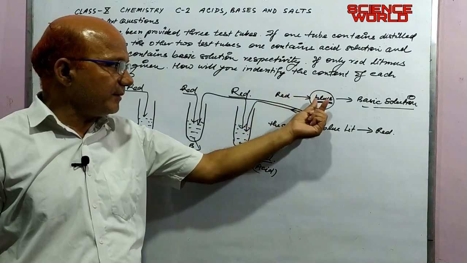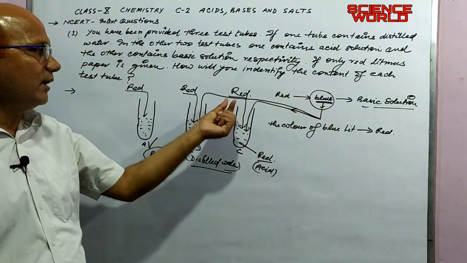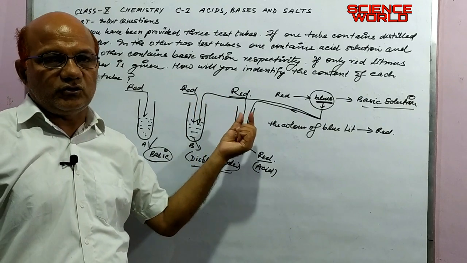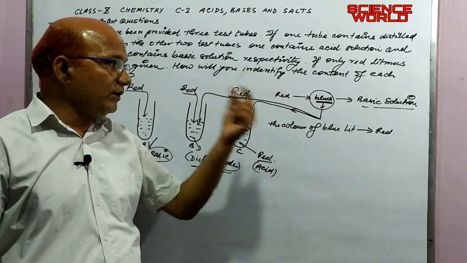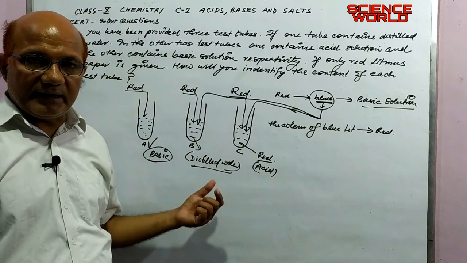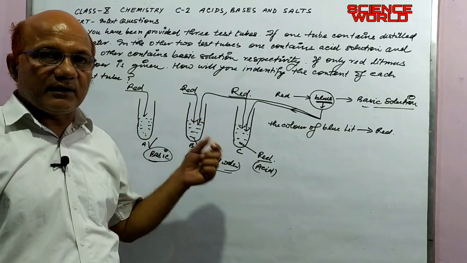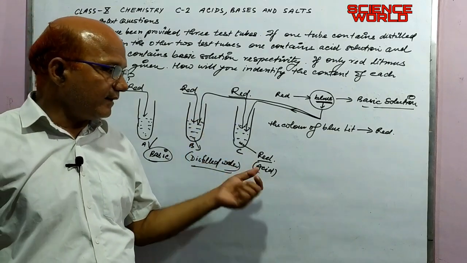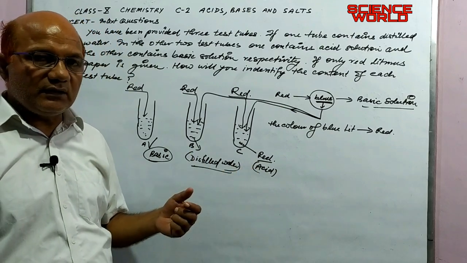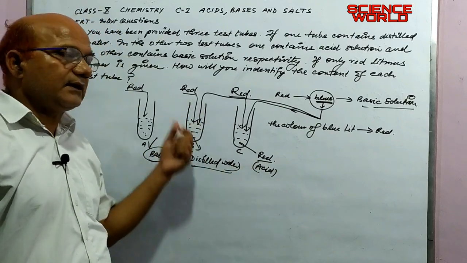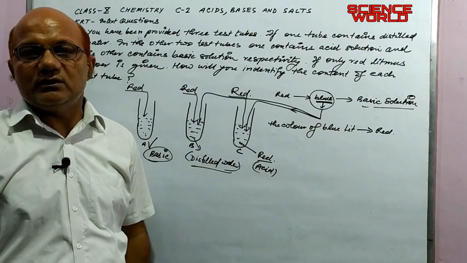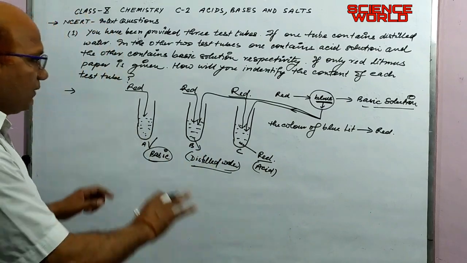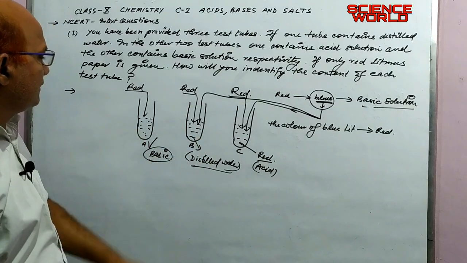Dip it in the other two test tubes one by one. If the color of blue litmus paper changes to red, that test tube contains acidic solution, and the other test tube contains distilled water in which the color does not change. So, you can conclude overall this solution.